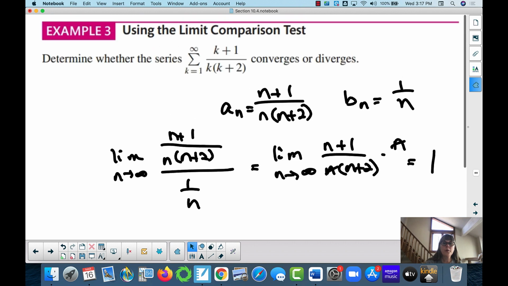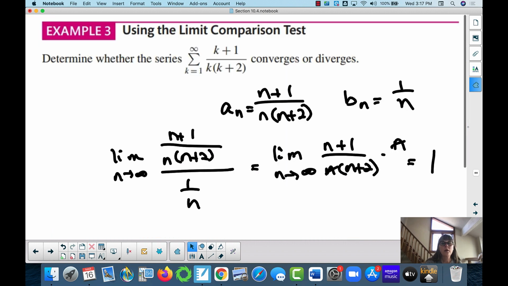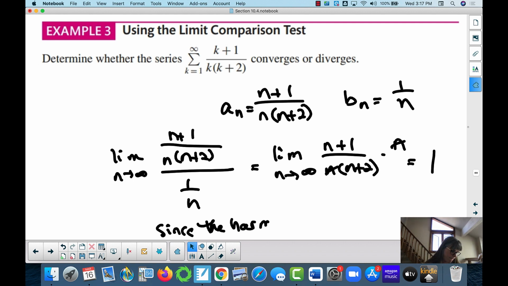So we go back and we get this condition where it equals a number. This is the harmonic series. And since we know that the harmonic series diverges, then this diverges.